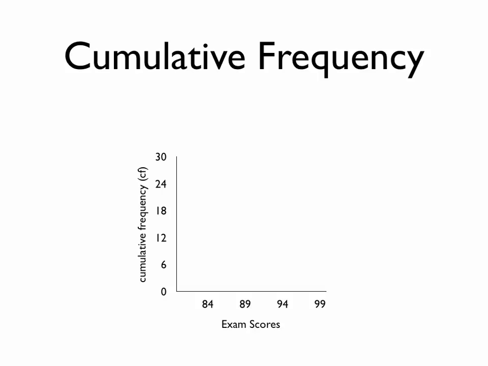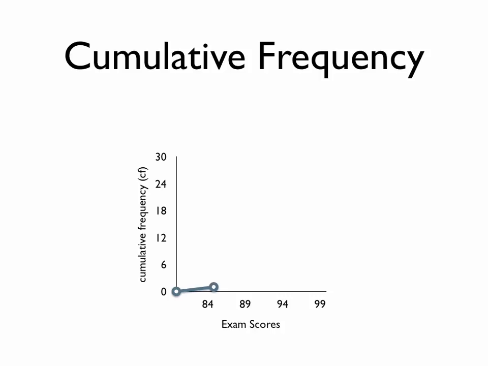All right, so what we're going to need to do is anchor the curve to the x-axis here at the origin. And then we go up to the number of scores that fall in the 80 to 84 class, which is 1, so you don't really go up much.